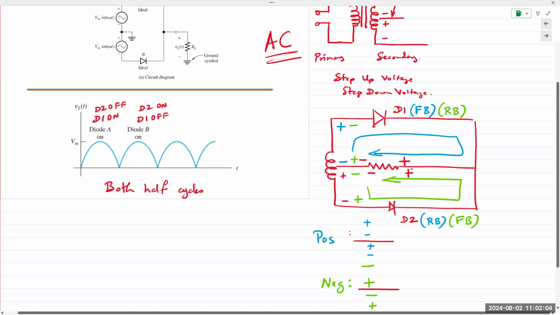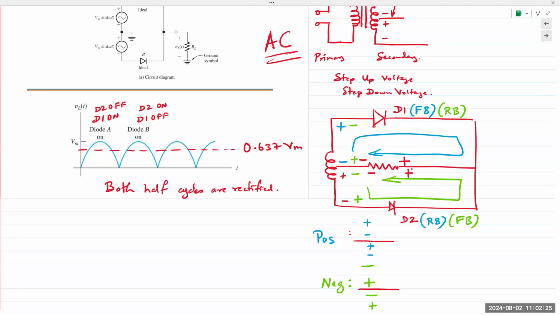Both half cycles are used, are rectified in the same direction. And now when you average it out, the average value is much higher. And this would be 0.637 times Vm. Okay, 0.637 times Vm.